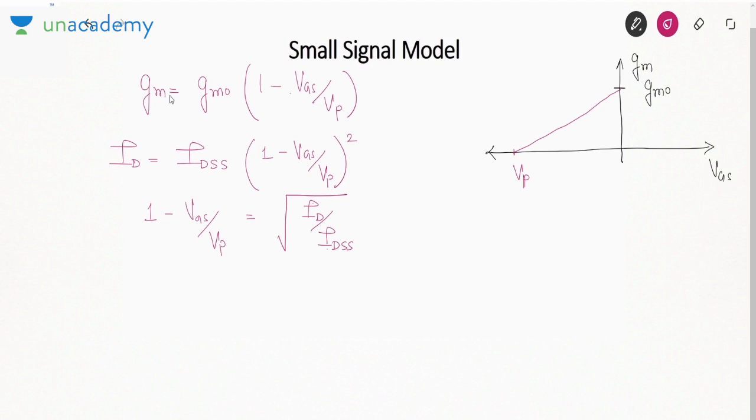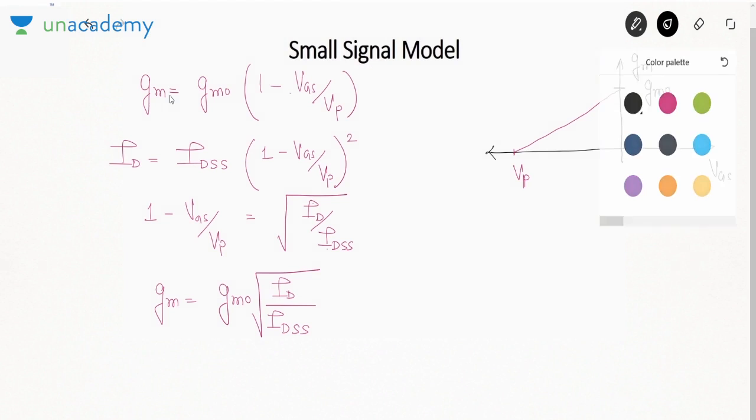This value can be substituted in the expression for transconductance. So gm is gm0 under root ID over IDSS. Now suppose I again want to plot this graph, that is the variation of gm with ID.